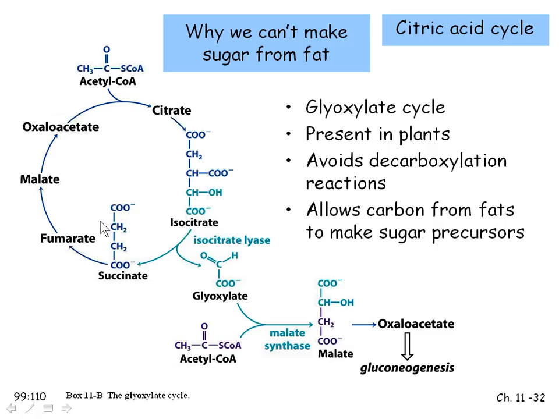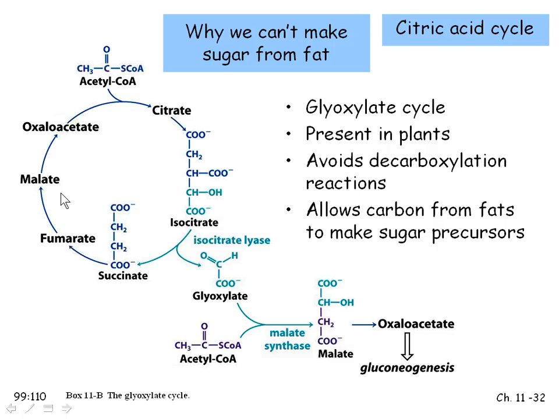What the glyoxylate cycle does for plants is it completely bypasses the decarboxylation reactions. Instead of blowing off 2 molecules of carbon dioxide the way our citric acid cycle does, this cycle plucks out a 2-carbon fragment and then picks up, where it can, which is at succinate.